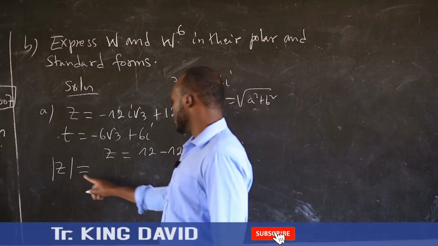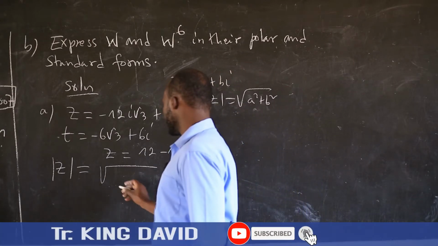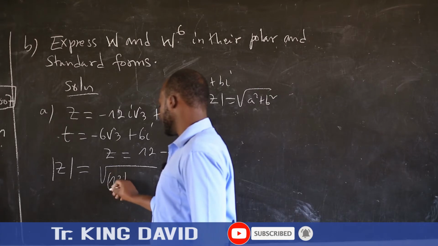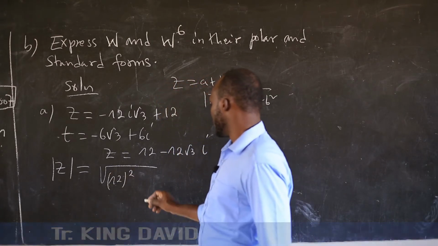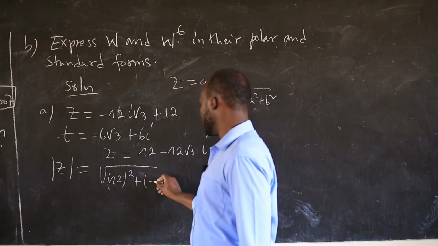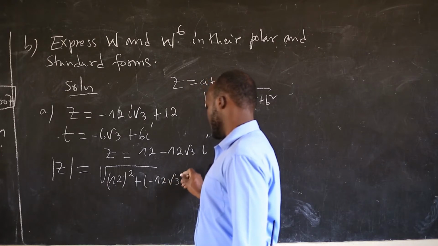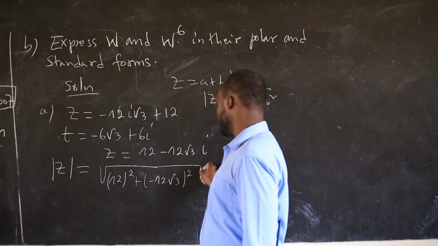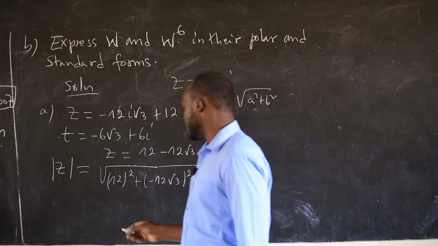So which means that the modulus of z will be root of 12 squared plus negative 12 root 3 squared. So what's the answer?